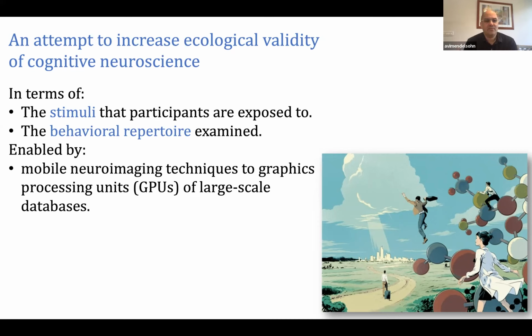And also in the behavioral repertoire, which we examine during these experiments, we would like to advocate in favor of going beyond sitting in front of a computer, although it's very difficult and sometimes impossible.